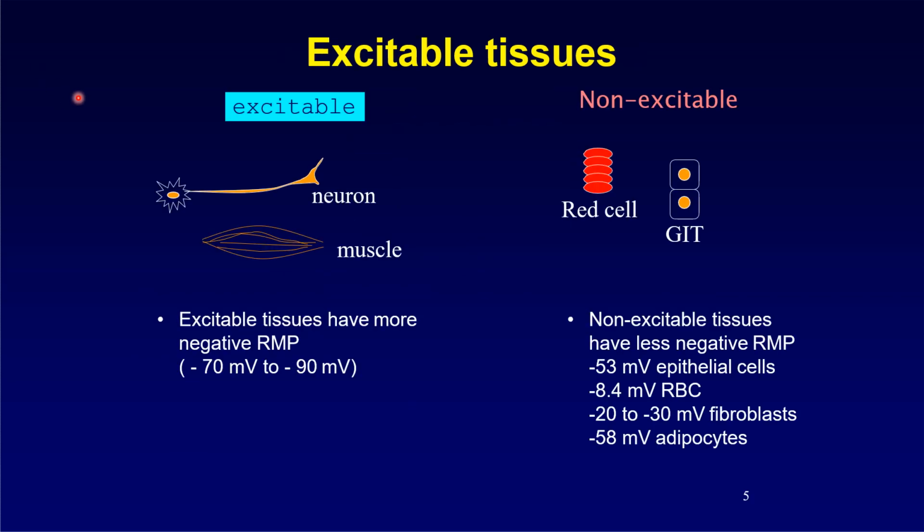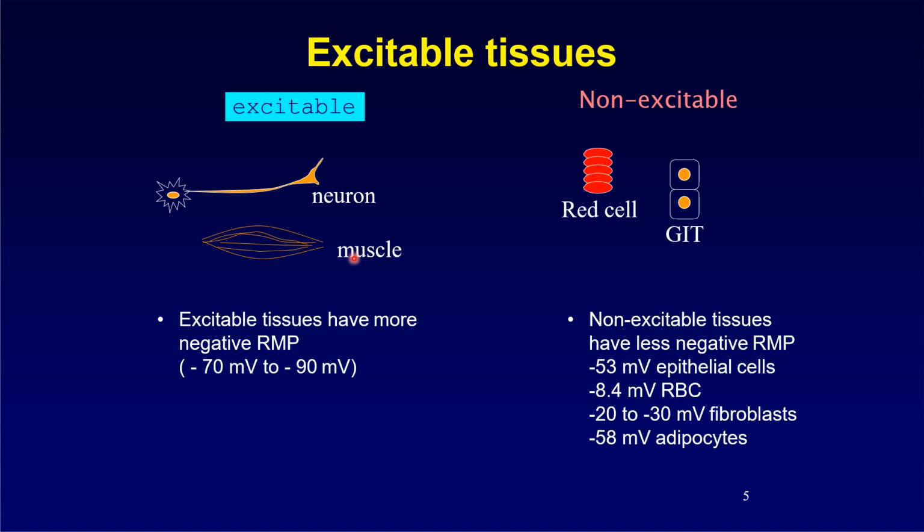In our body, we have two types of tissues, excitable and non-excitable. Excitable means they are able to respond to an electrical stimulus. Non-excitable means they are not able to respond to an electrical stimulus. So what are the excitable tissues? Neuron and muscle.